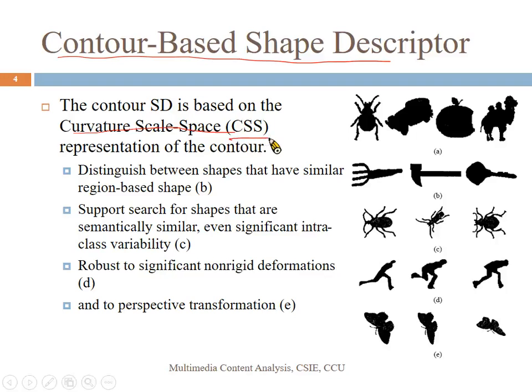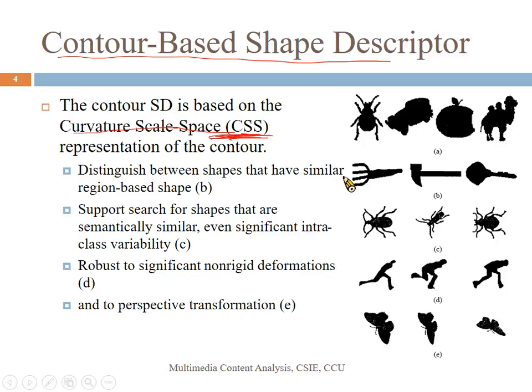In such a representation, we transform the original object into this space and then extract features from CSS. There are some characteristics of the contour-based shape descriptor. First, it can distinguish between shapes that have similar region shape.